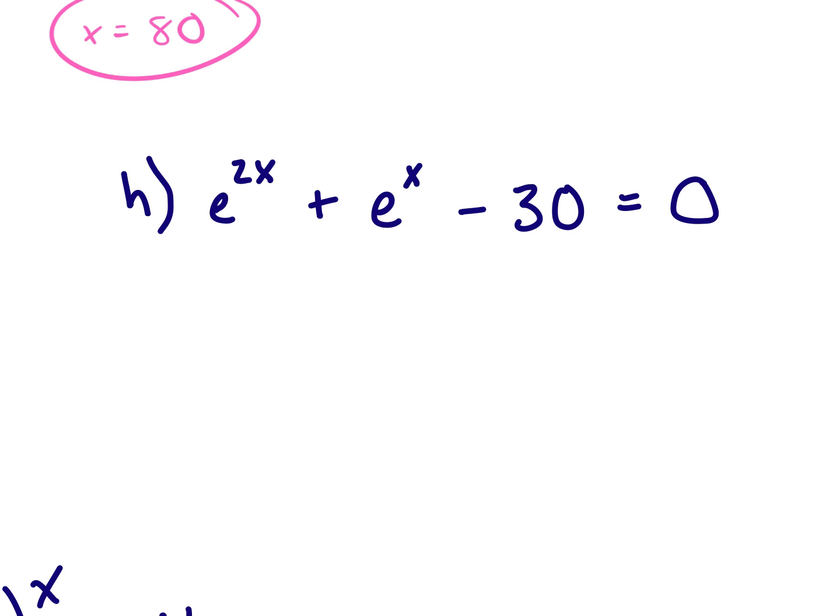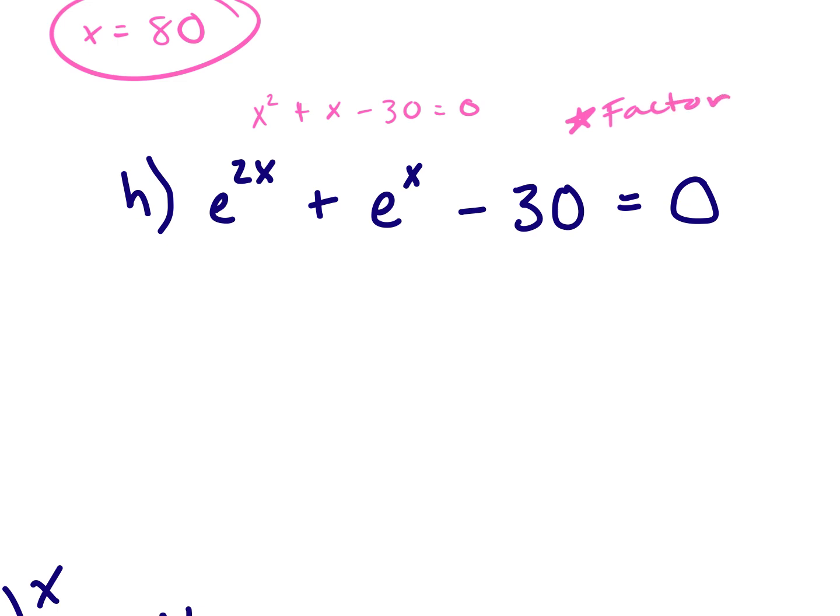But this looks super similar to x squared plus x minus 30. What would we do to solve something like this? If we had x squared plus x minus 30, how would we solve? We would factor.